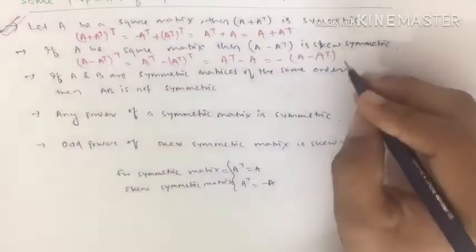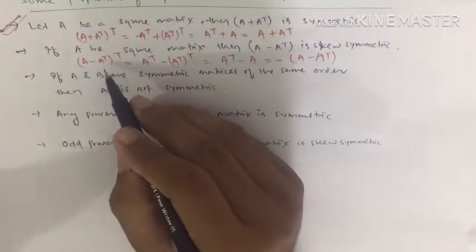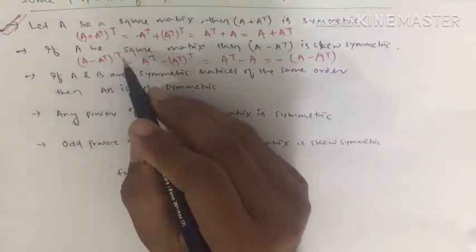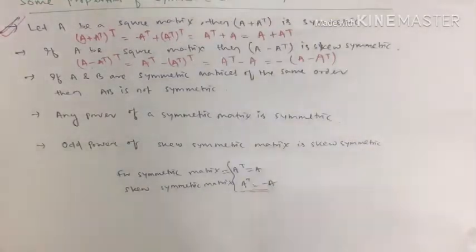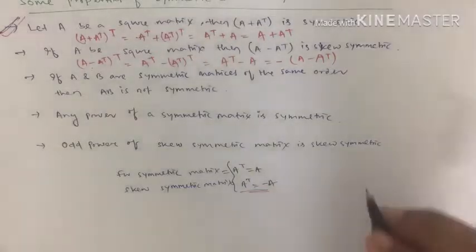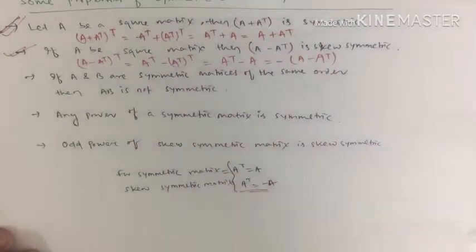Okay. So you started with A minus A transpose, and you come back with minus of A minus A transpose, which is similar to A transpose is equal to minus A. So you verified that if A is a square matrix, then A minus A transpose is skew symmetric.